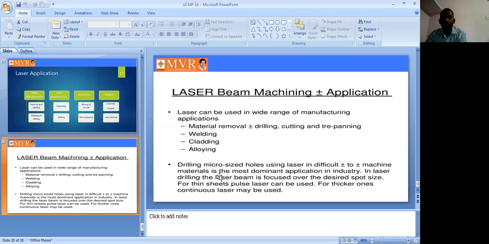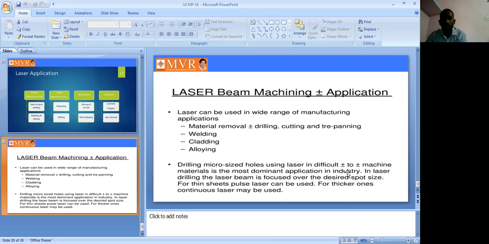Next, drilling micro-sized holes is also done with laser in difficult-to-machine materials. By using laser machines, we can drill micro-sized holes. Metal is the most common dominant application in industry.